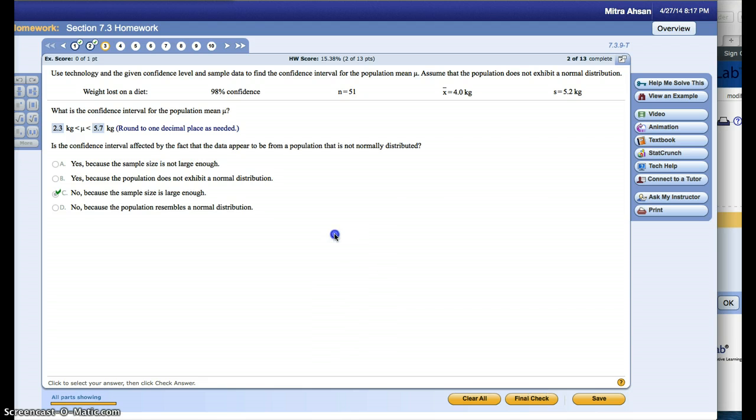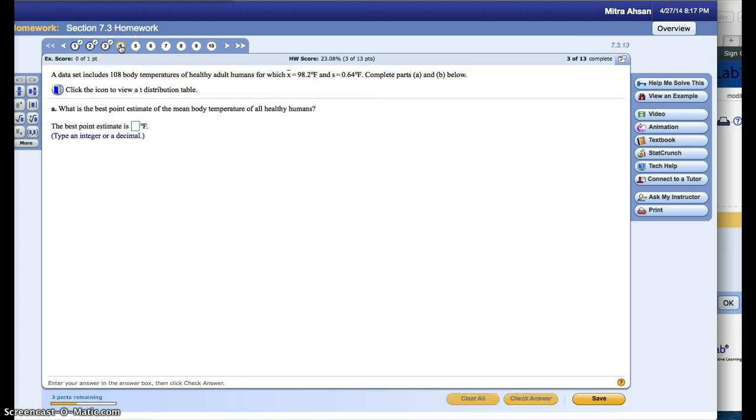If the sample size is large enough, we'll be fine. And then number 4 is going to be very similar, and we're going to use the same thing, t distribution. And I'm not going to do that because it's going to be very similar.